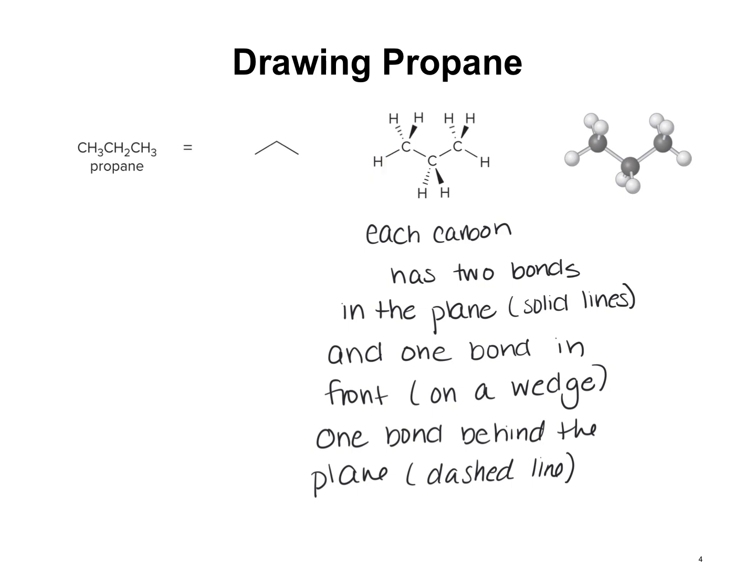We can see that this is in the plane right there, the wedges there are coming towards us, and these here are going back. That's how we need to visualize this.